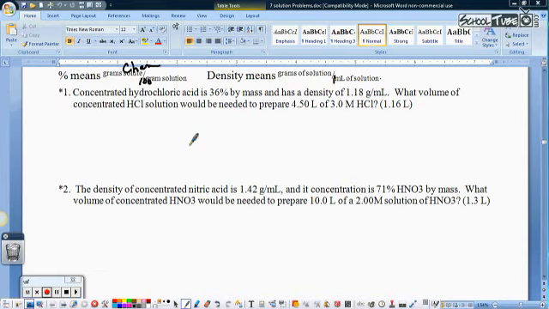Now here we want to know what volume of concentrated HCl solution would be needed to prepare 4.50 liters of a 0.3 molar solution. In order to work the problem, I must first find the number of grams of HCl needed.